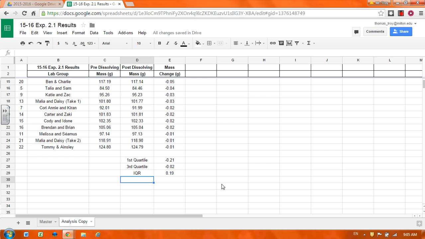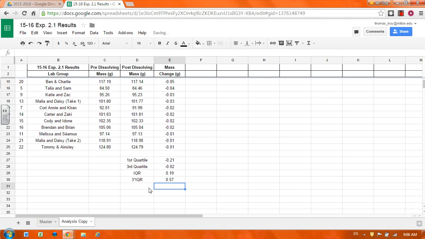And just for the purposes of our class, as a rough guideline, we will consider any numbers beyond 3 interquartile ranges away from the first quartile and 3 interquartile ranges away from the third quartile to be outliers. So this will start to make sense in a moment. Just bear with me. If I wanted to find 3 times the IQR, that equals 3 times the interquartile range.